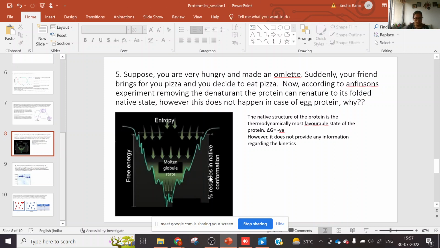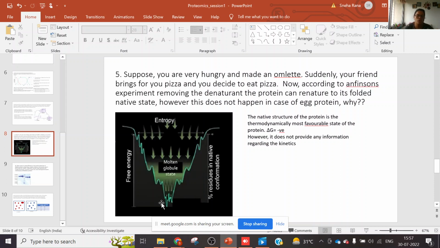Okay, so here I have shown the diagram of free energy. This is entropy, and this is the funnel. It gives you an idea of which is the most probable native state a protein can adapt depending upon the free energy. If you see here, the free energy is decreasing.